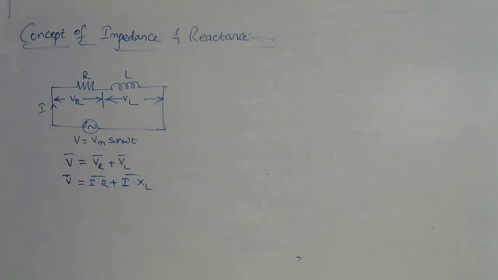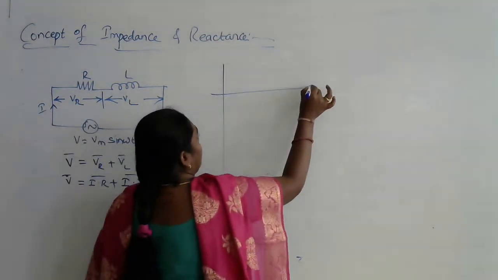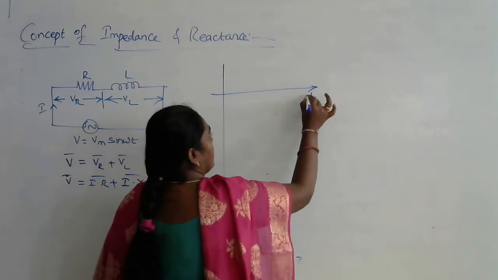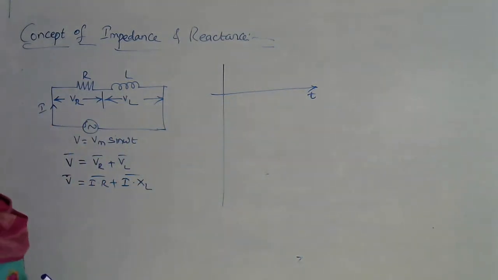Now, before going for these phasor diagrams, first let me give a brief introduction and clear concept about resistance, capacitance and inductance. So here, if you take this as the time axis and draw the voltage and current relationships for the resistance, inductor and capacitor.